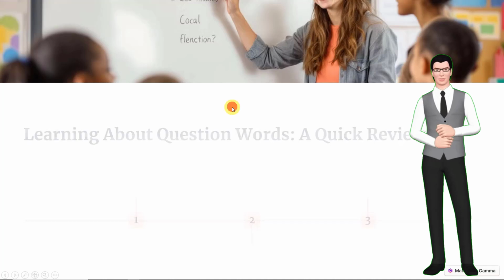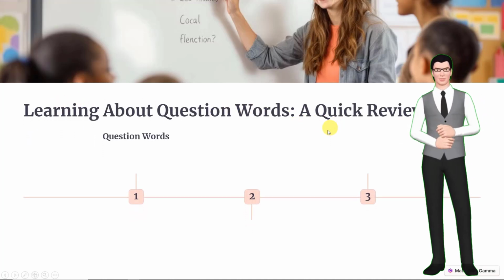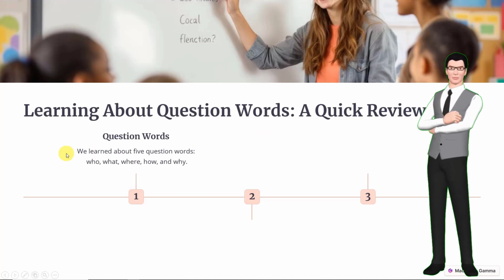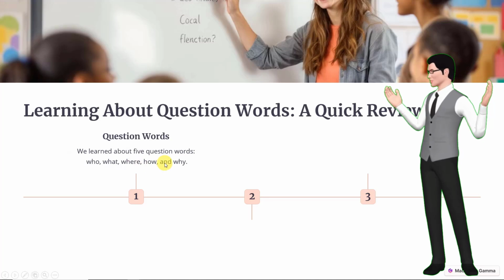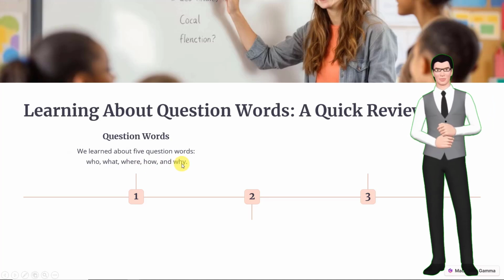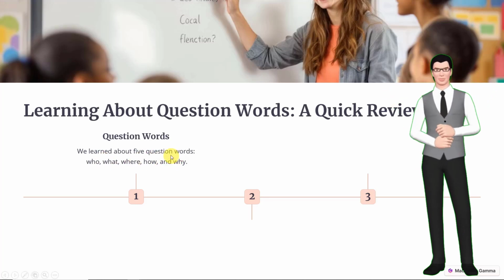Righto, guys. Learning about questions, a quick review. The question words, we learned about 5 question words: who, what, where, why, and when. Which has been left out over here, but we also learned about which, right? So it's actually 6 question words.